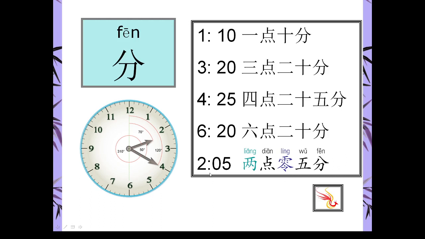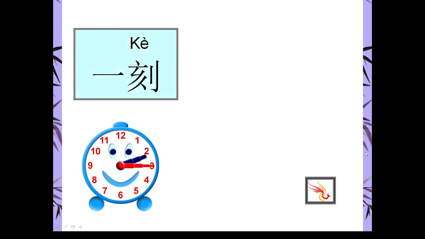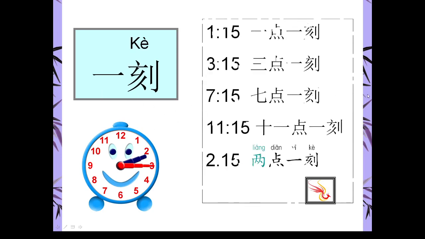So you start with the hour first in Chinese, and then you say the minutes. Okay, 5 minutes past 2, 2点05分。一刻 is a quarter. So the 2 words have to be together, 1 quarter. Quarter past 1, 1点一刻.